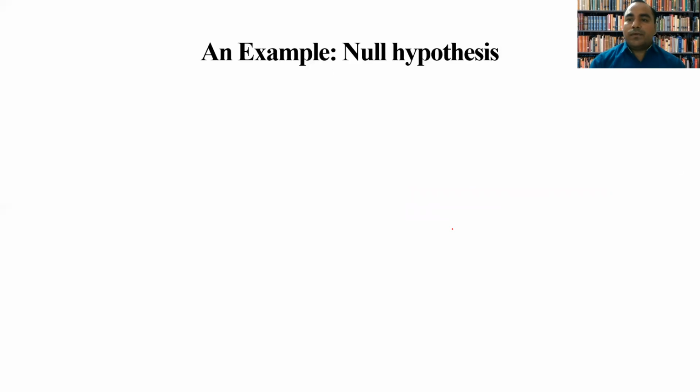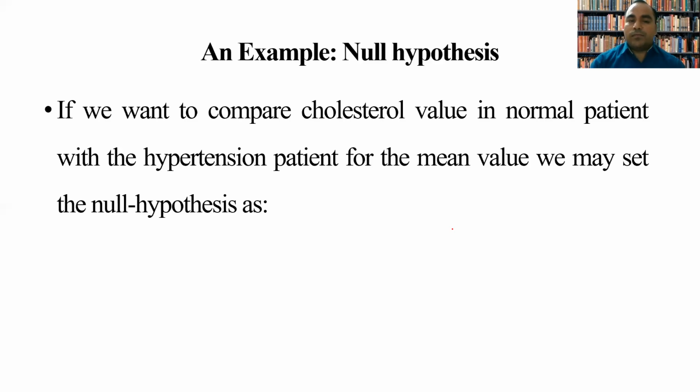Once we know the definition of null hypothesis, let us understand with help of an example, so we'll have more clarity. Suppose we want to compare cholesterol value in normal patients with hypertensive patients.